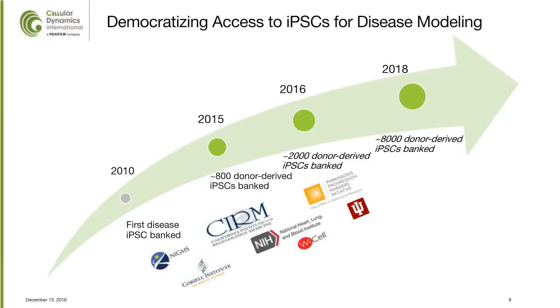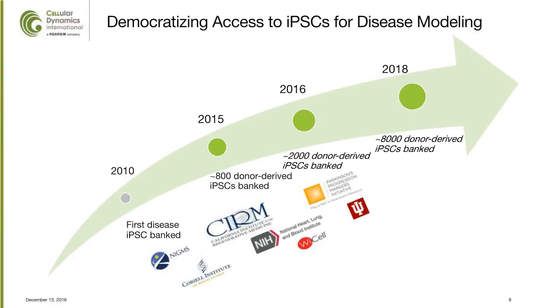This slide is to illustrate how we have been trying to really enable the entire research community to have access to different disease types through our banking efforts. The first iPSCs were banked in 2010, and then in 2015, approximately 800 donors being banked, and then currently approximately 2,000 donors.